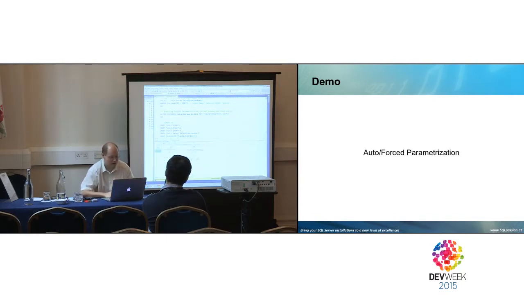Also, every plan in SQL Server has a so-called query plan hash, which is again a hash value which uniquely identifies that execution plan. So we can go to sys.dm_exec_query_stats and restrict on that query plan hash so that we have the statistics of that specific plan in front of us.